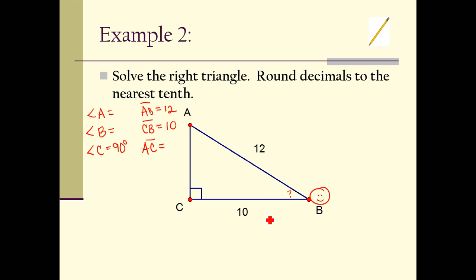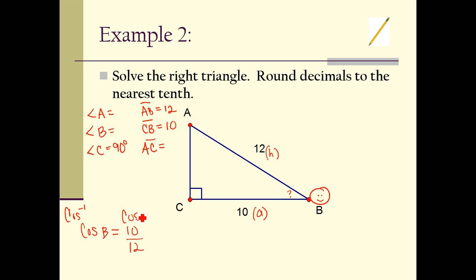The side 10 is adjacent to angle B, and the hypotenuse is 12. So I am going to use cosine of angle B is equal to adjacent over hypotenuse, which is 10 over 12. And remember, when we're looking for an angle, we use inverse cosine.